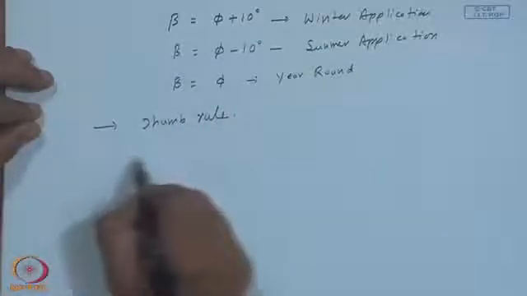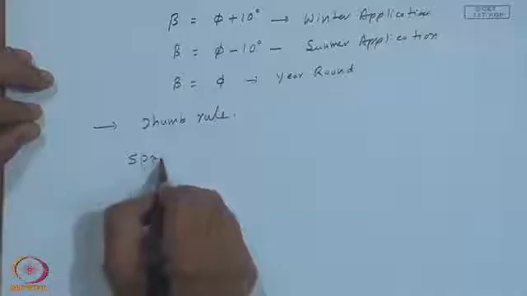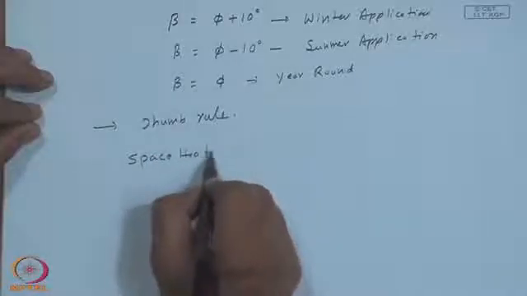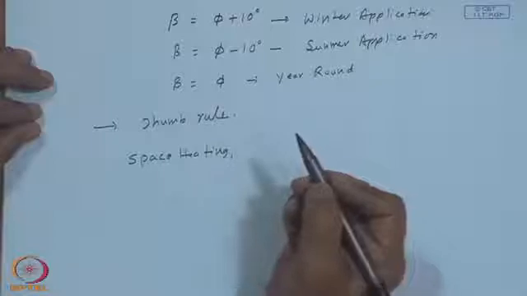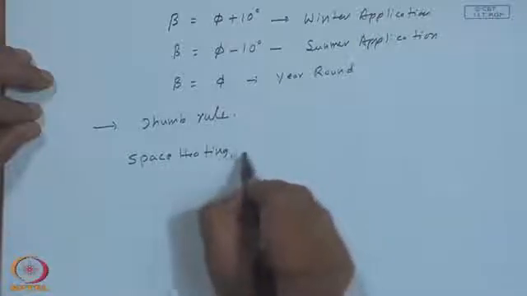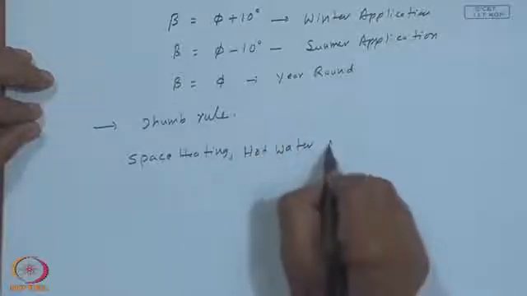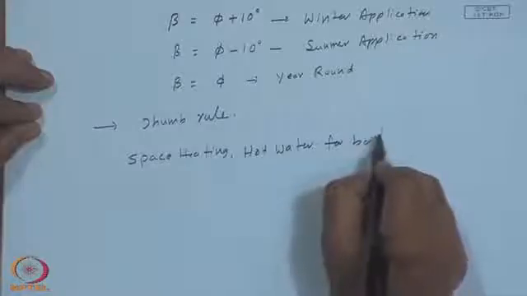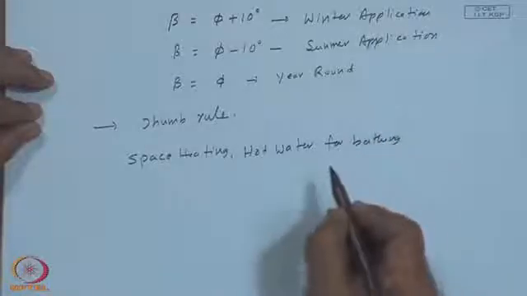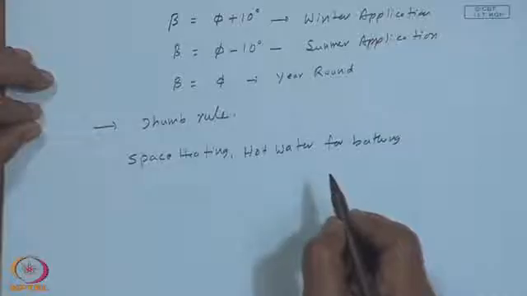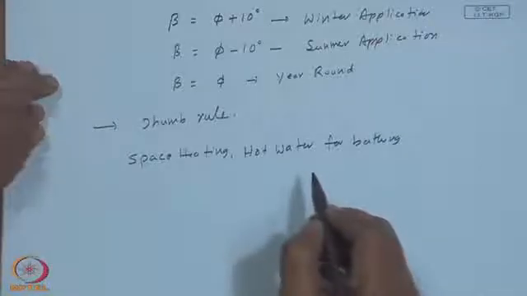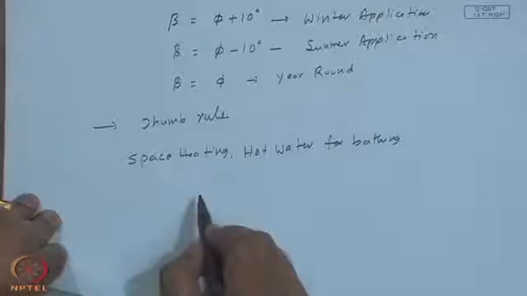In winter applications I may have space heating. If you talk in terms of Indian climate, Indian habit, hot water for bathing, generally hot water is not used for dishwashing, etc. So, we have to find out and rather define what exactly we mean by optimization.